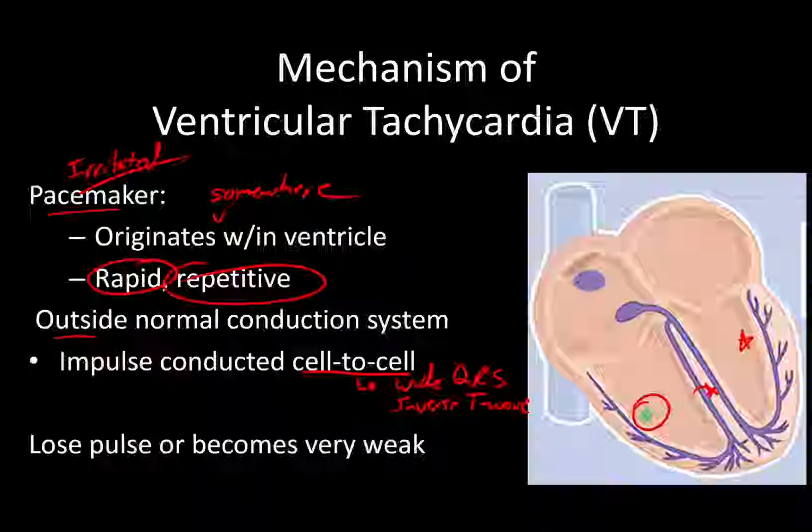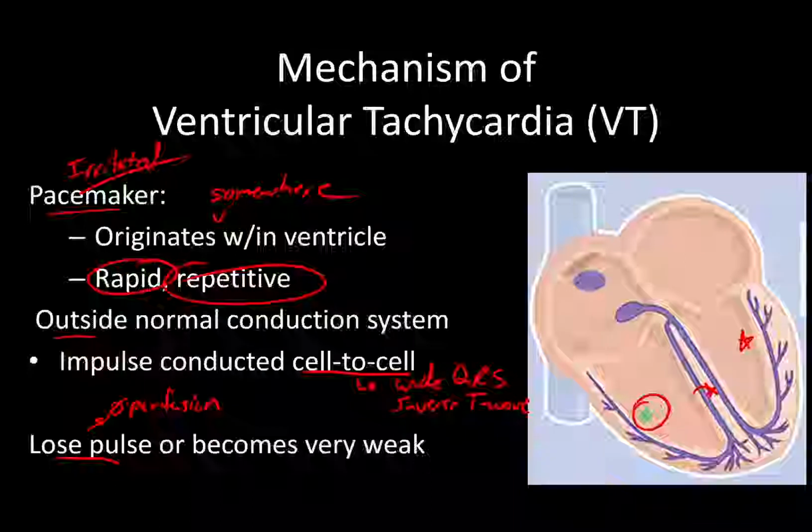Another key concept with VTAC is that you oftentimes lose a pulse, and when you lose the pulse, you essentially have no perfusion. Or if you don't lose your pulse, it just gets really, really poor, and that causes patients to become very weak very quickly. Sitting up and walking becomes too much, and they just can't even be able to muster that.